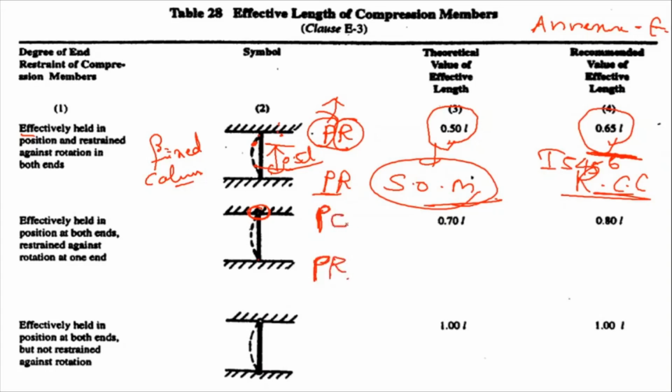Whenever I release a condition here, the effective length increases, because the point of inflection will move in the upward direction. So one point of inflection may be here, and another here. That's why the theoretical effective length slightly increases to 0.70, and the recommended value for design is 0.80.